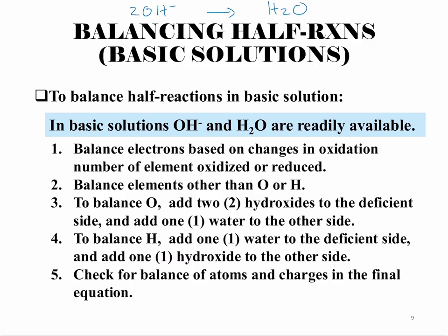And how many oxygens have we added on the right? 1. So that's a net addition of 1 oxygen on the left-hand side. And that doesn't mean it's always going to be the left or the right-hand side. It's whichever side is oxygen deficient, whichever side needs more oxygen. So this would be the deficient side in oxygen on the left-hand side of this reaction.